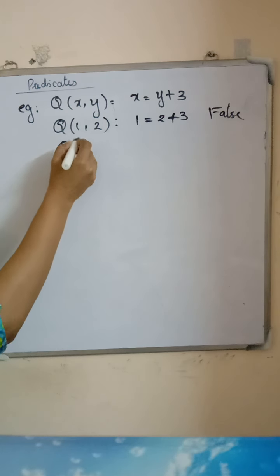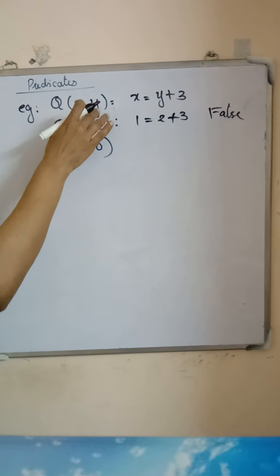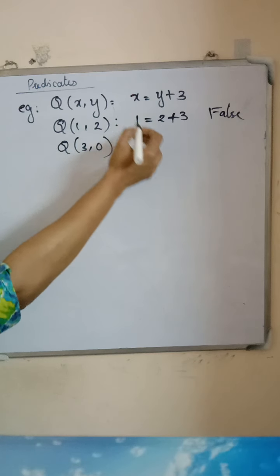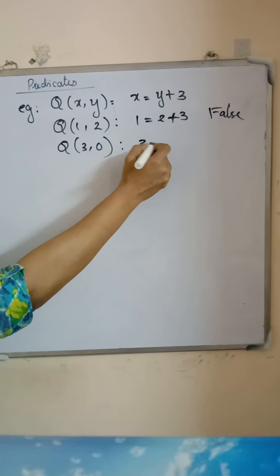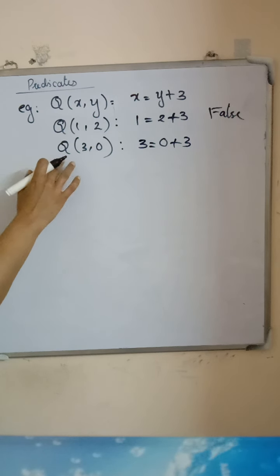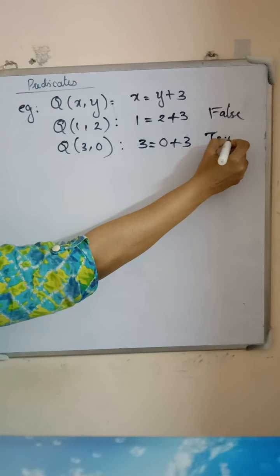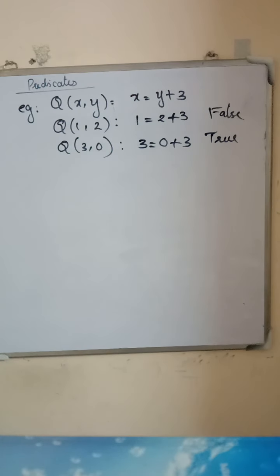If we substitute in Q of 3, 0, that is 3 for x and 0 for y, we get 3 is equal to 0 plus 3. Now this propositional function becomes true by assigning values 3 and 0.